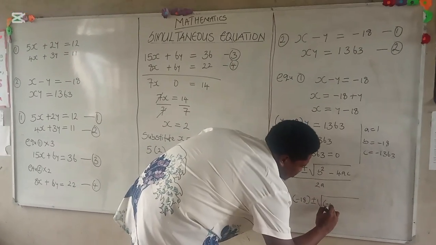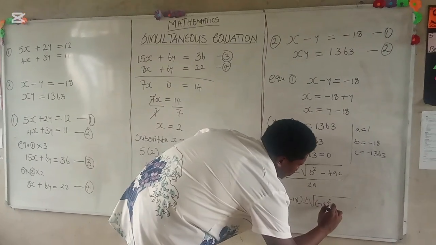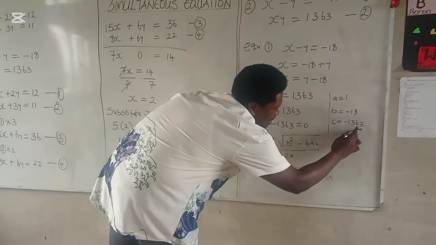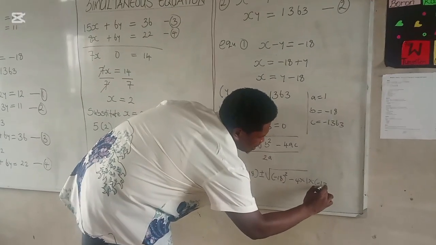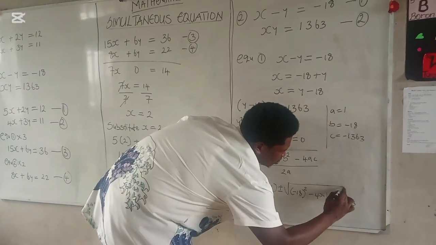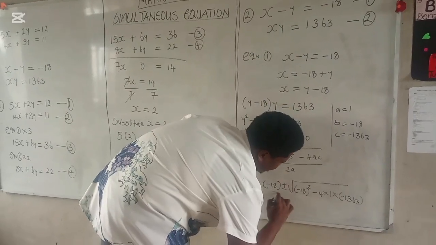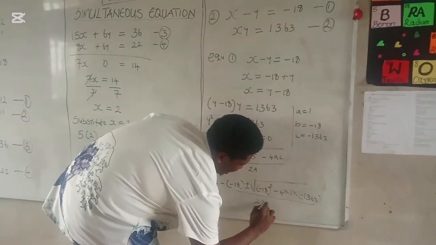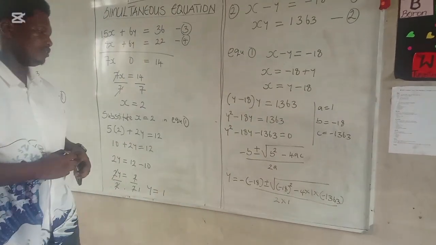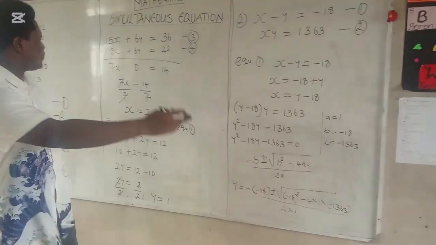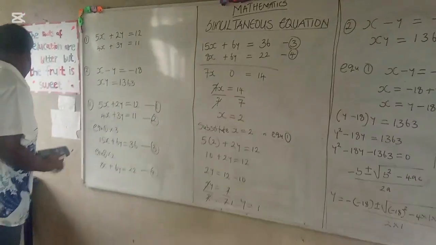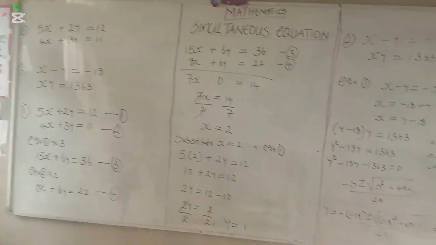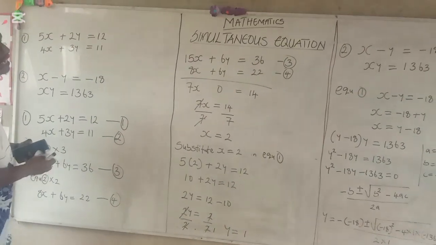Negative 18, all squared, minus 4 times our a, 1, times our c, we have negative 1363, divided by 2a, which is 2 times 1. So let's finish up this question on the other side of the board.